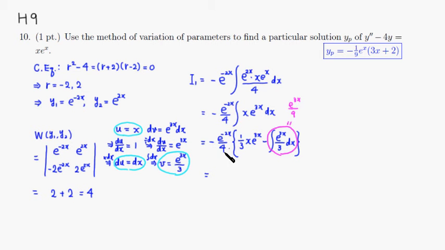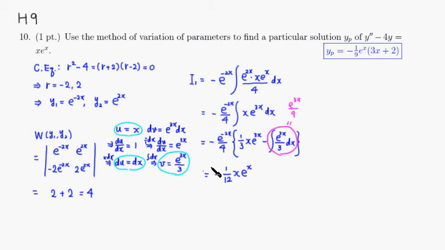So this guy multiplied by that, it's going to be negative, and it's going to be 1 over 12. That's 4 times 3. Then you have x. Then e to the negative 2x times e to the 3x would be just e to the x.